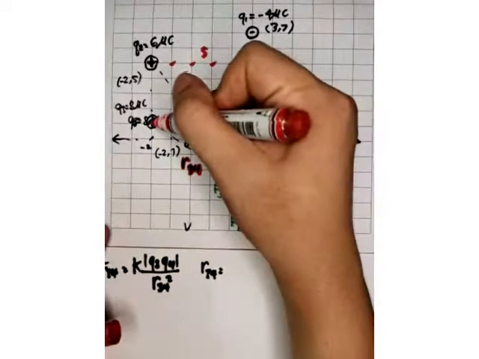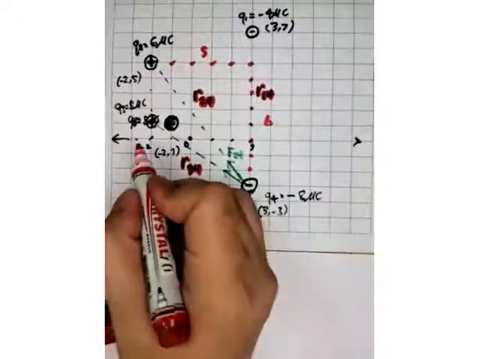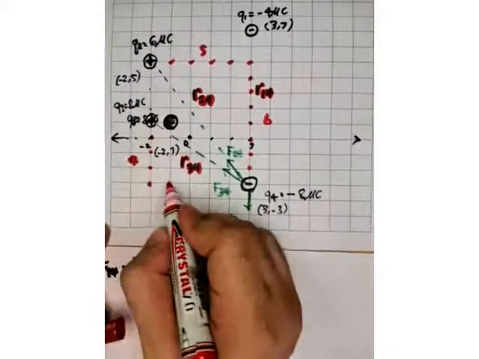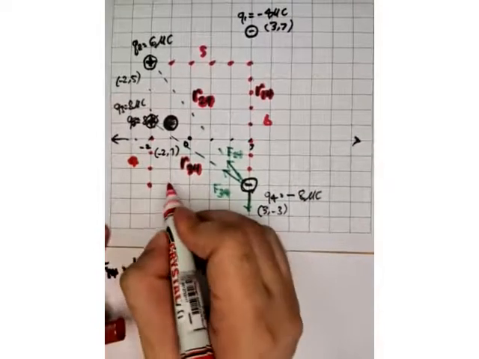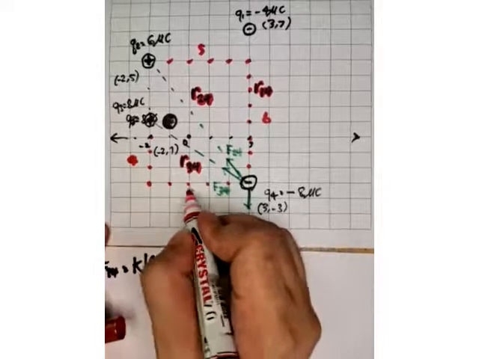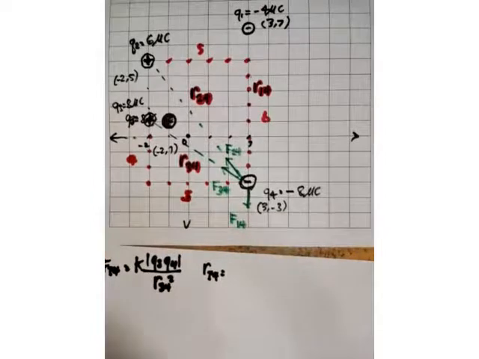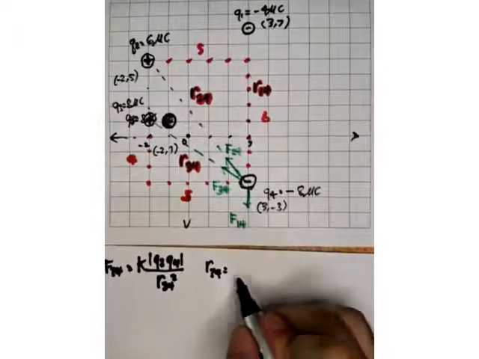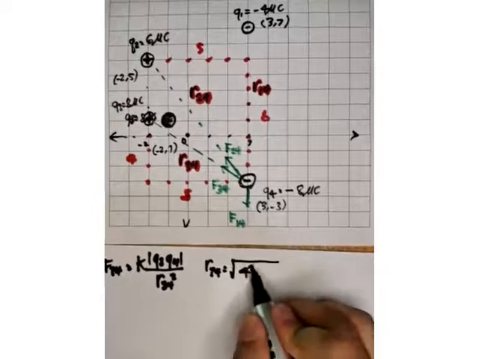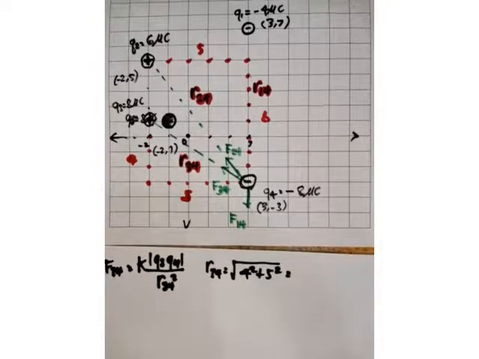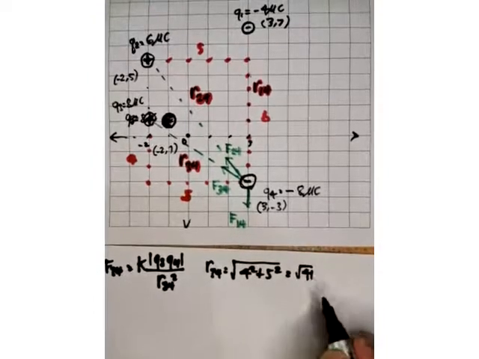So, ito yung 3, ito yung 4. So, yung horizontal niya, 1, 2, 3, 4. So, 4. Yung vertical niya, 1, 2, 3, 4, 5. So, 4 and 5. So, that is the square root, Pythagorean theorem, of 4 squared plus 5 squared. Okay, that's the square root of 41 cm.